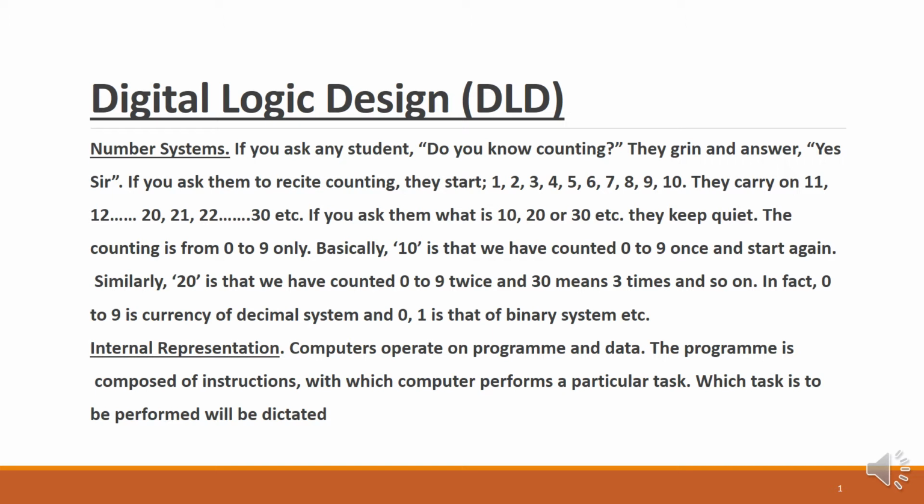Now the computers operate on program and data, and the program is composed of instructions. Now let's see. You say that 2 plus 5 is 7. Here 2 and 5 are data, and 2 plus 5 is equal to 7 is the instruction, and instructions, you know, are part of the programs.